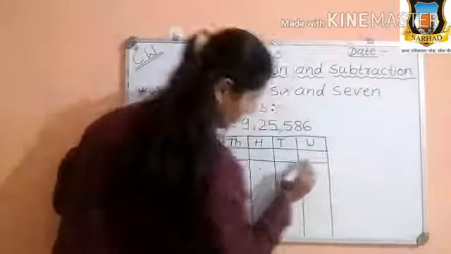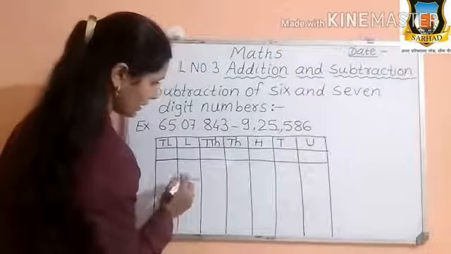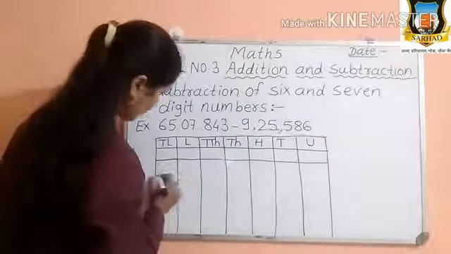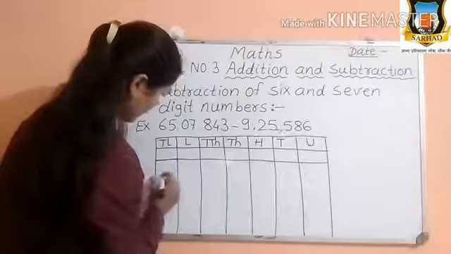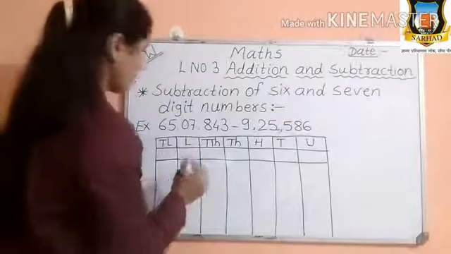One column we have to write for the borrow.